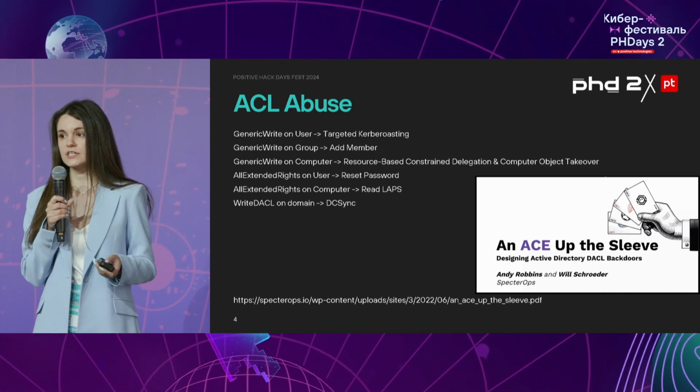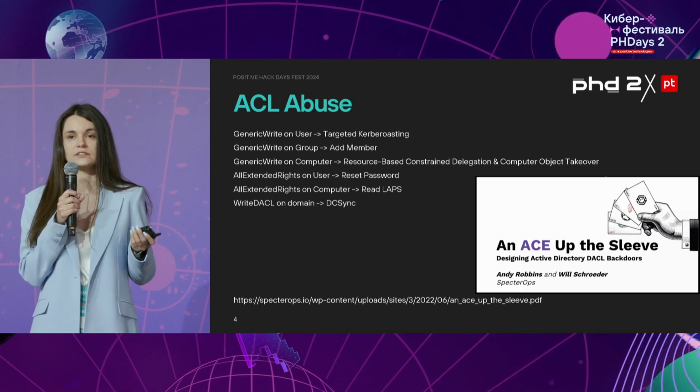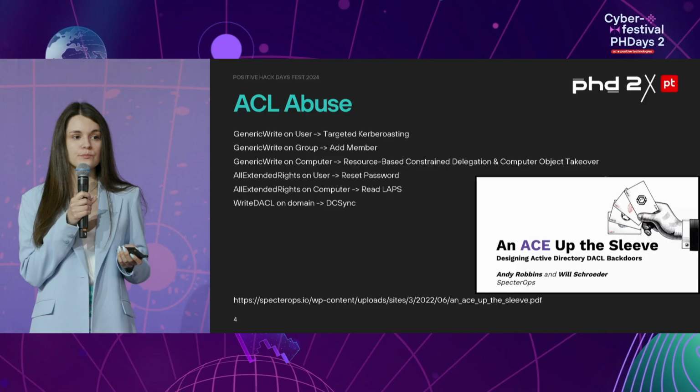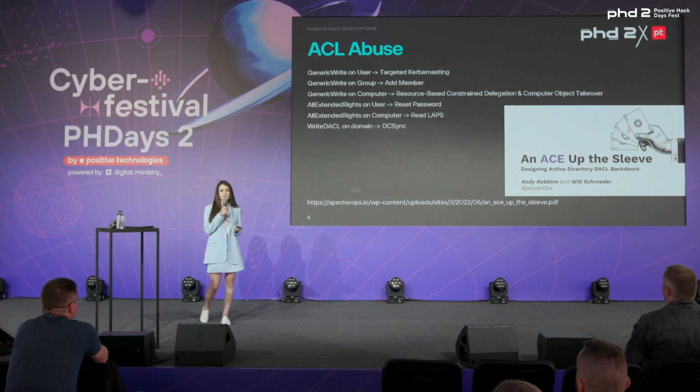If we have a generic right over a user, then we will be able to set an SPN and target Kerberoasting. If we have extended rights over a user, we'll be able to force a change of password. If we have extended rights over a computer object, and at the same time we have a LAPS mechanism set up, we'll be able to read the local admin's password, etc., etc.